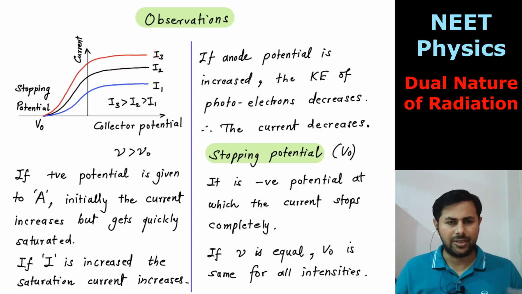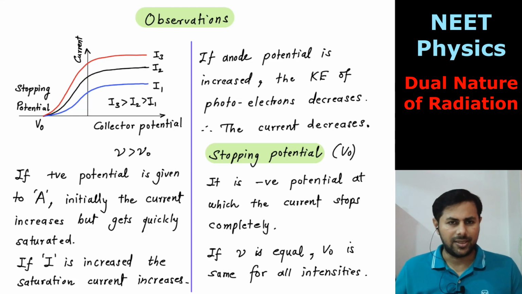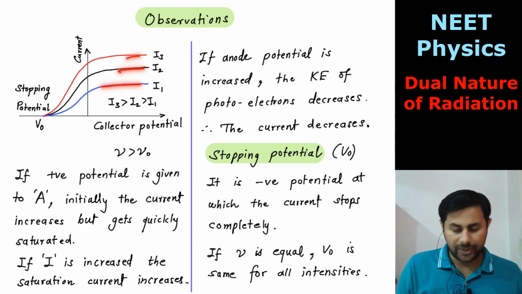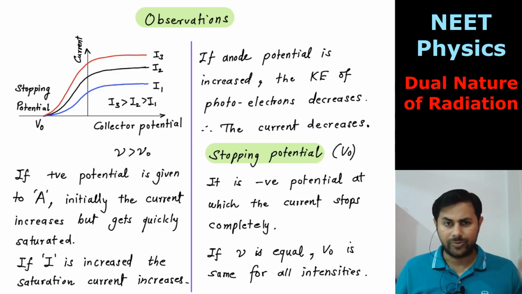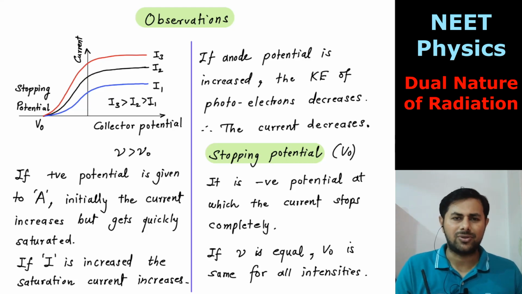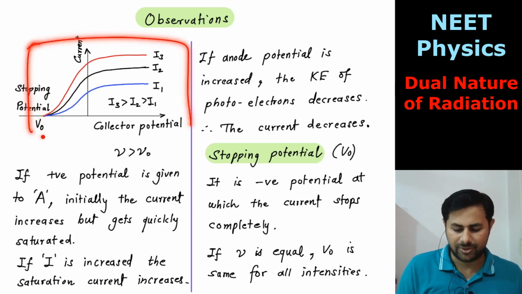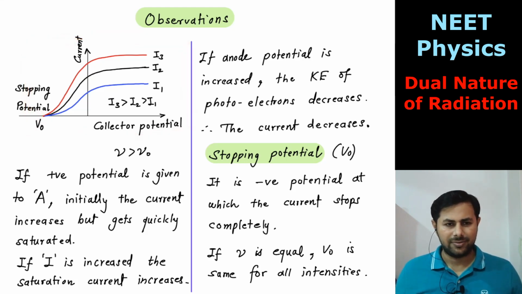For the same frequency, if you increase the intensity, more photons are striking, more electrons, that's why the current is increasing. But energy per photon is the same because frequency is the same, and that's why electrons are gaining the same amount of energy, so the energy required to stop the electrons is also the same, and that's why the stopping potential is the same. That explains this graph, right?